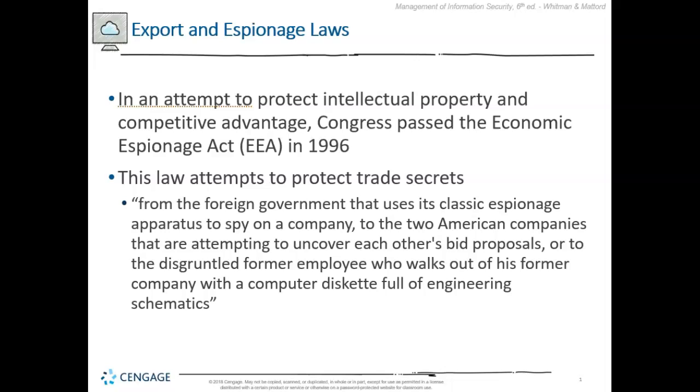Now, this might be by embedding an employee that's a spy in your company and stealing the material directly, or it could be influencing a disgruntled employee to download the material to a thumb drive and bringing it out of the company. I've seen cases using both techniques.